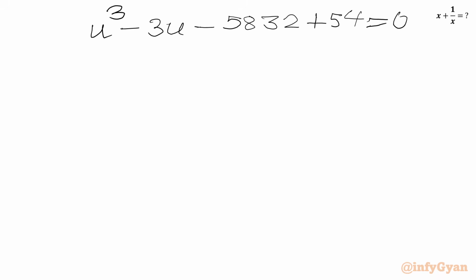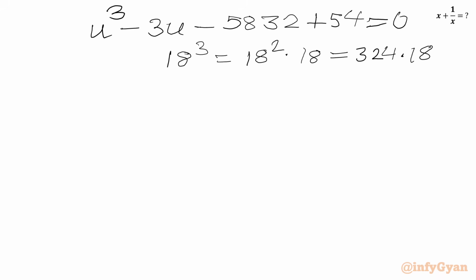As we know that 18 cube is 18 square times 18. 18 square is 324 times 18. If we calculate, then we get 5832. So this is 18 cube, 5832.